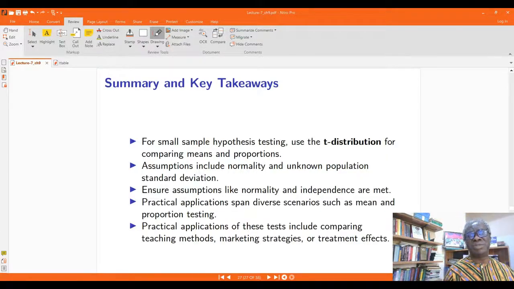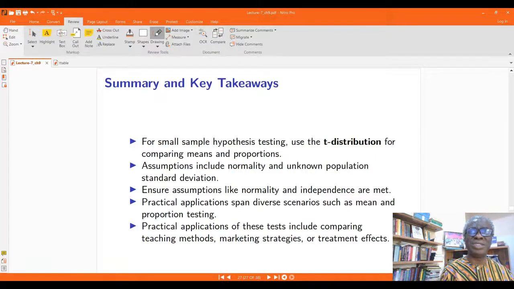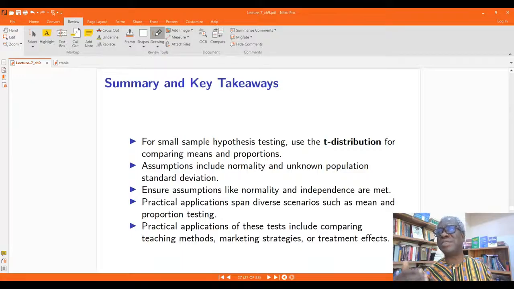Whether we are testing for a single population or for two populations, we use the T statistic once the sample size is small. Sample size is small when your sample size is less than 30.